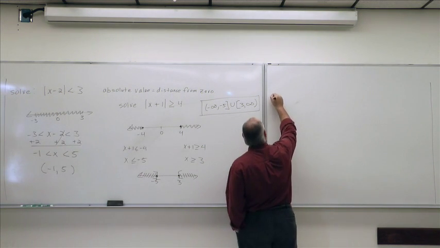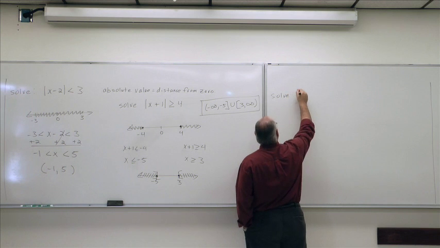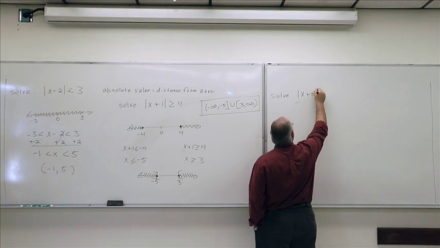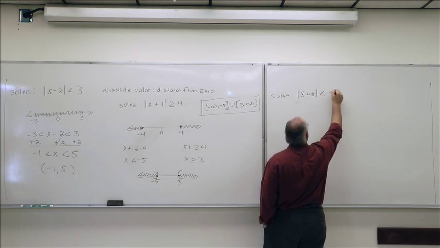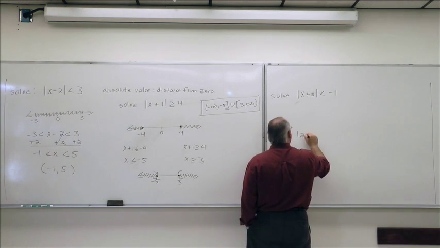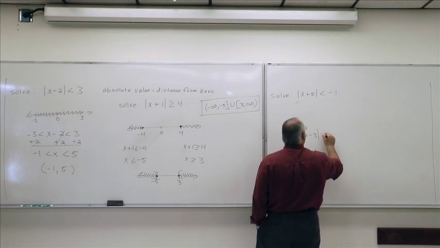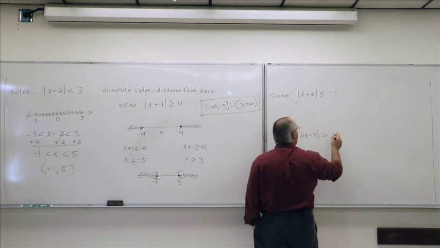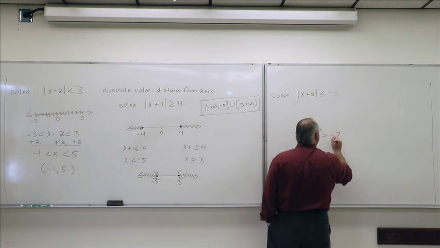So if you want to solve the absolute value of x plus 5 is less than negative 1, or the absolute value of 2x minus 3 is greater than or equal to negative 7.